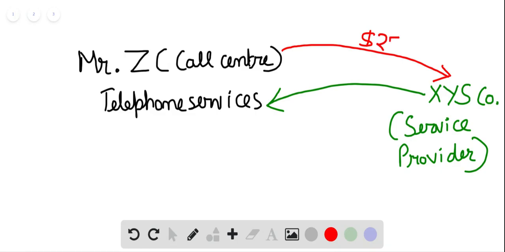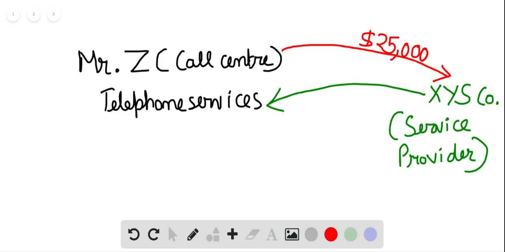So let's say suppose that the amount is $25,000. So Mr. Z said to XYS company that okay, I am paying the expenses which relate to subsequent financial year in the current year, so that the telephone services will be provided till the end of next financial year.